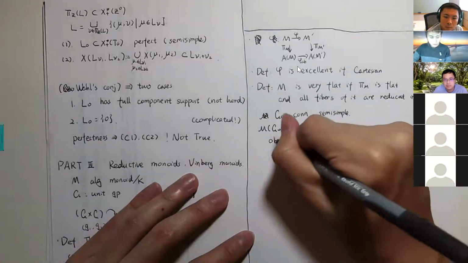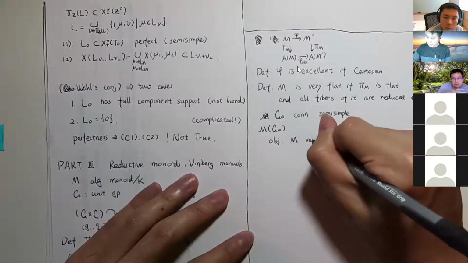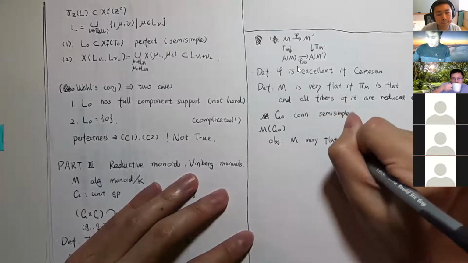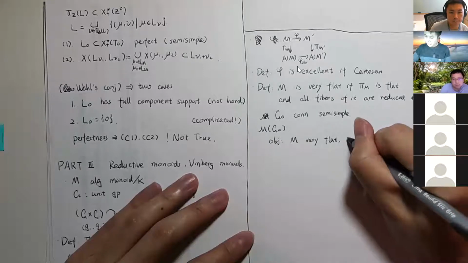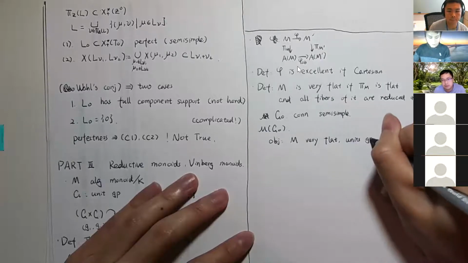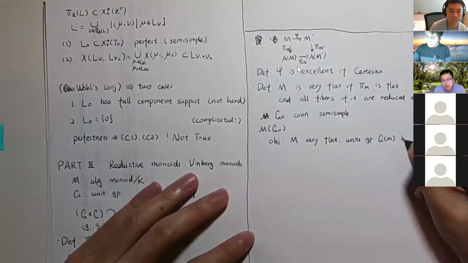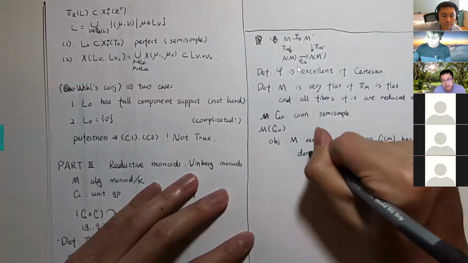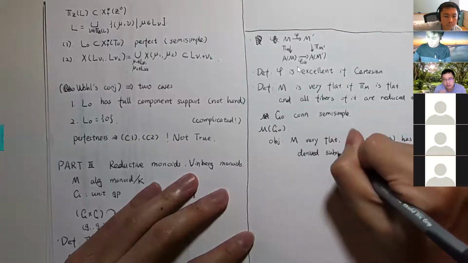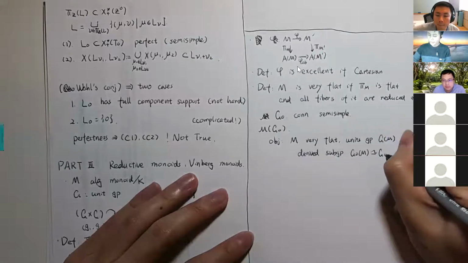The objects are very flat monoids M whose unit group GM has derived subgroup G0M, which is isomorphic to G0.